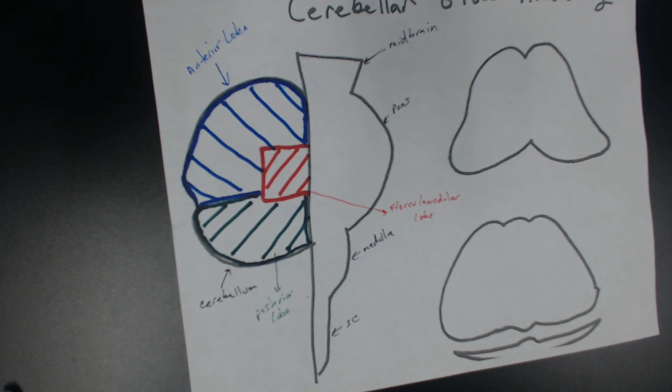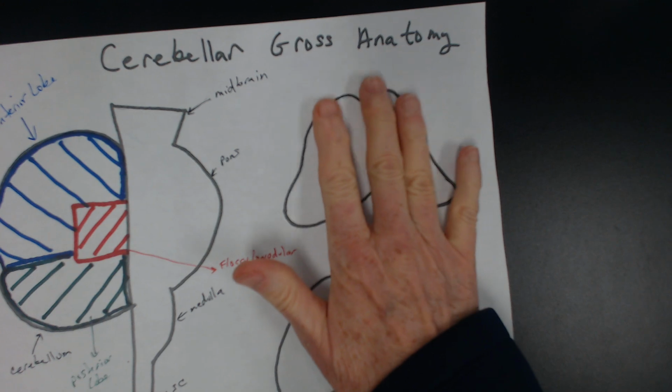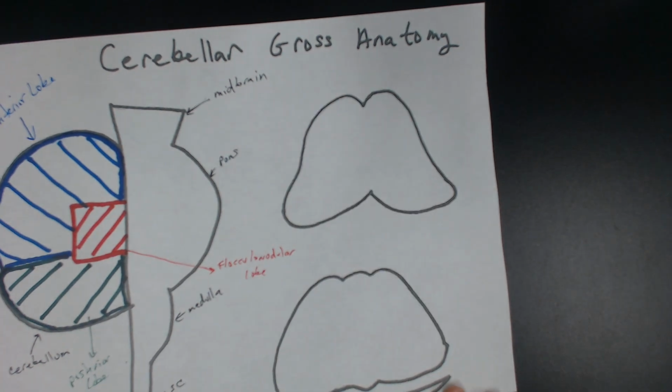And all the cerebellum, most of it just sits behind the pons. Remember, they develop from the same embryonic region. Moving over, now we're going to look at the topmost picture here.